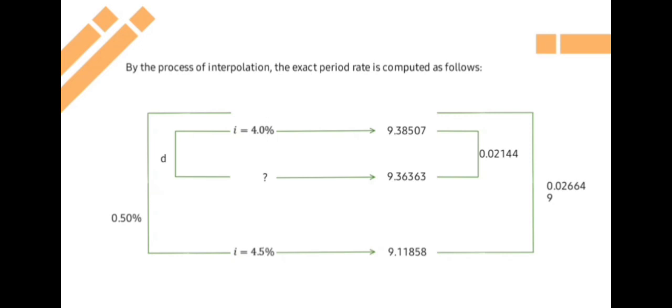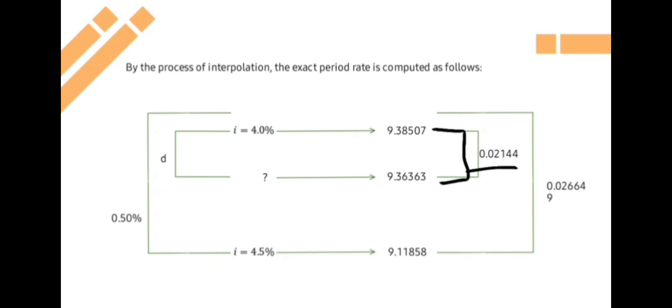So by the process of interpolation method, the exact period rate is computed as follows. So gaya ng ginawa natin ng interpolation method kanina sa paghanap natin ng terms of an annuity due, kukunin din natin yung mga differences ng mga given values, which is ang difference nito is 0.021144.